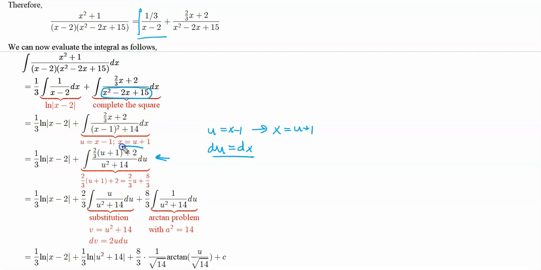Now this part right here, this integral, what we can do is simplify the numerator and split it apart. You'll notice that the numerator can be written as 2/3 u plus, and then 2/3 times 1 plus 2, that's going to be 8/3.